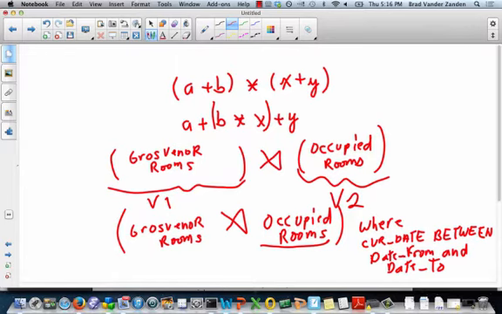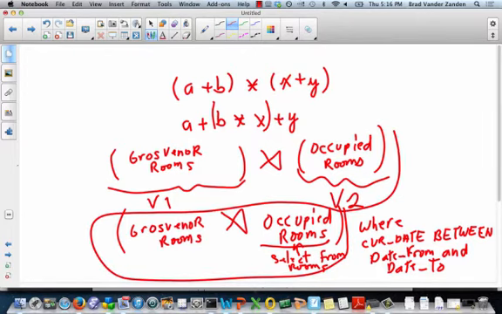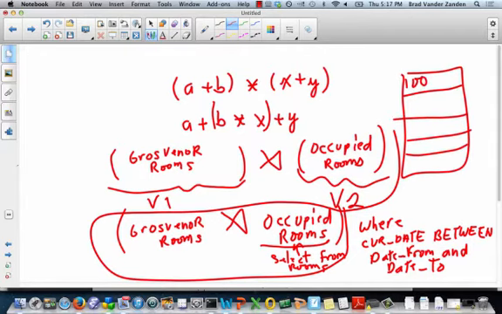I can't reproduce it exactly, but it was something where this one was also a select statement from rooms as well, and it was trying to restrict it to the Grosvenor Hotel. And this thing right here was generating a relation that had all the rooms in the Grosvenor Hotel, okay, including the nulls for 200, say, and 500.